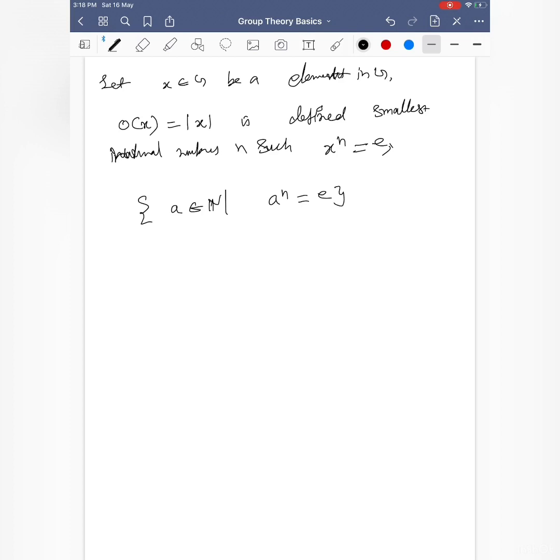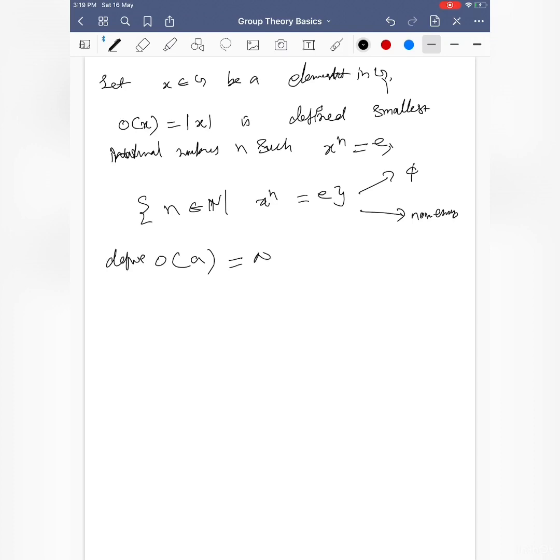I didn't finish the definition. Okay, first you do that. Collect this set; it may be empty, or it may be non-empty. If it is empty, define O(x) to be infinite.